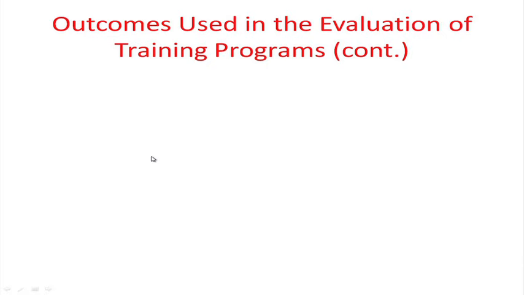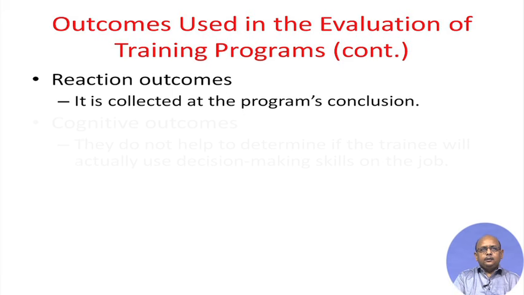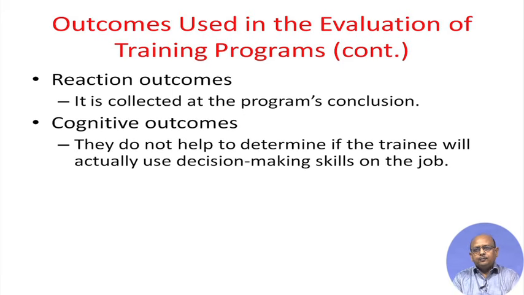So, now if you look at these models, you can see that most of these models more or less talk about evaluation at different levels. Now, apart from these models, what are the outcomes that are used in evaluation of a training program? Three types of evaluation are used: reaction outcomes, and this reaction actually is collected immediately after the training program concludes.